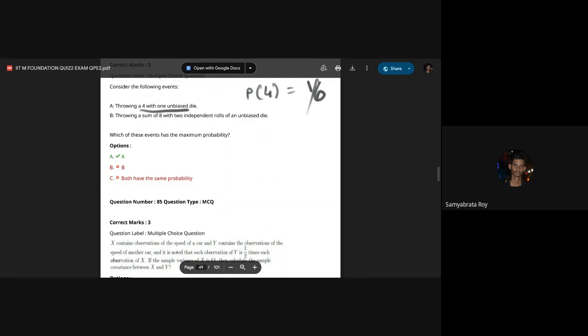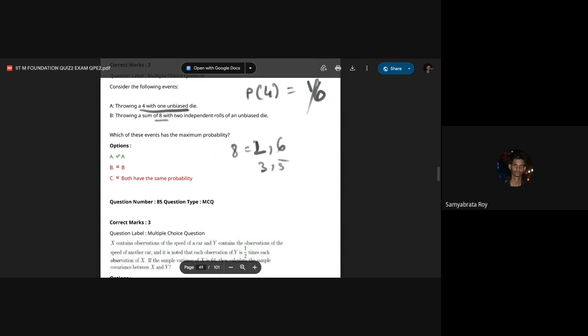Throwing a sum of 8 with two independent rolls. Two independent rolls they have told us, right? 8 I need. So 2 plus 6 could occur. This could occur as well.